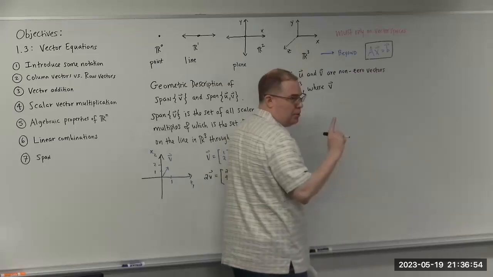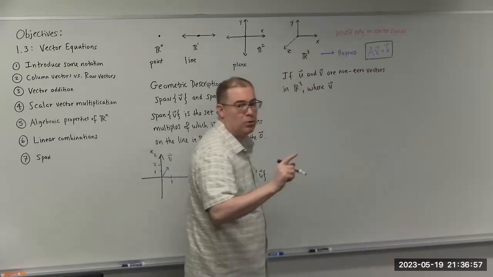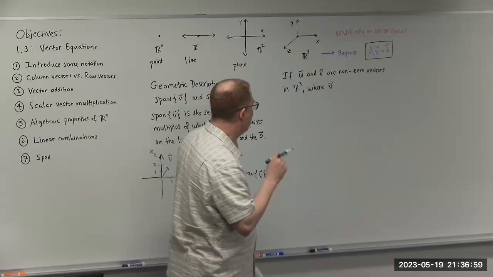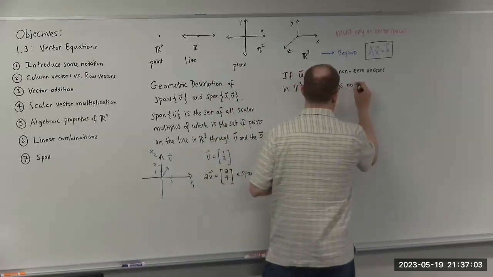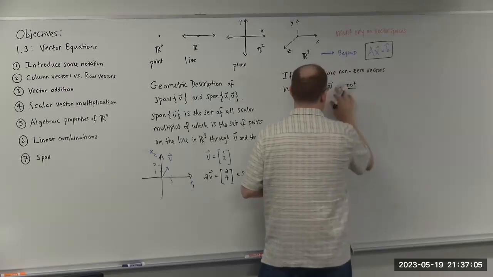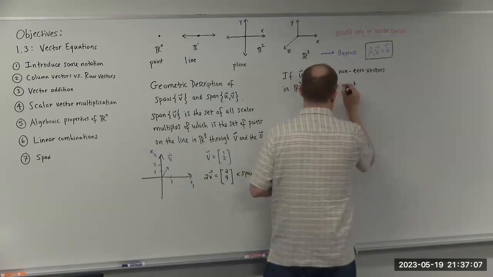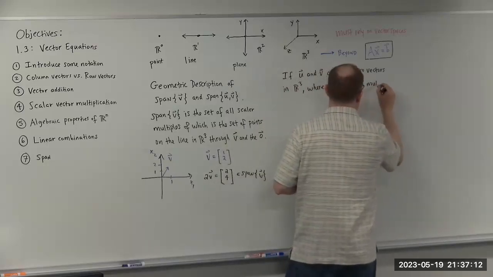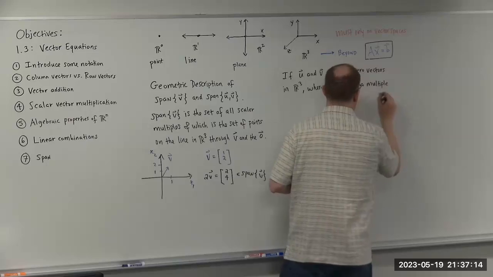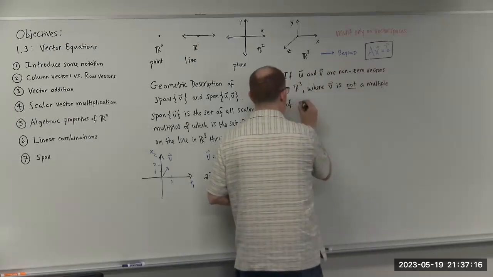The key component here is that v cannot be a multiple of the vector u.